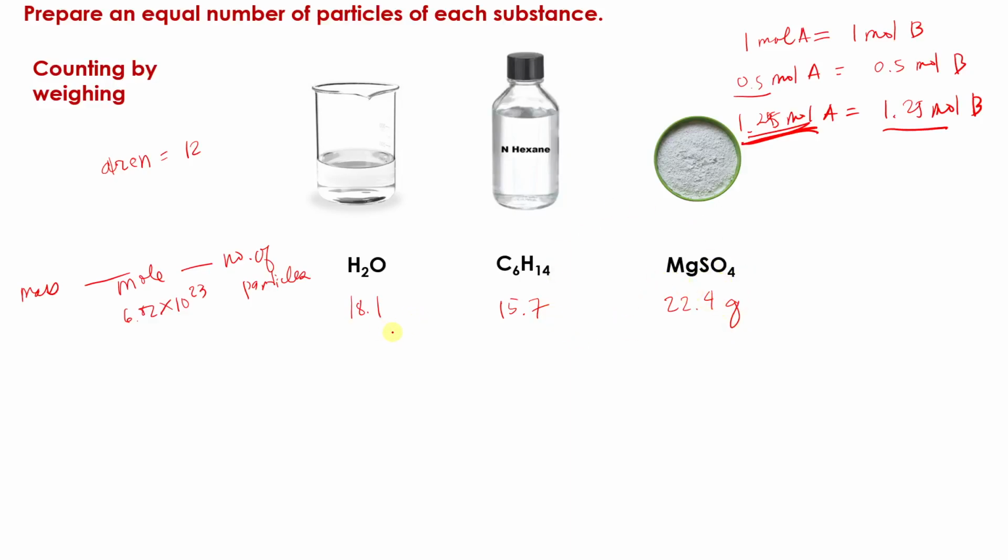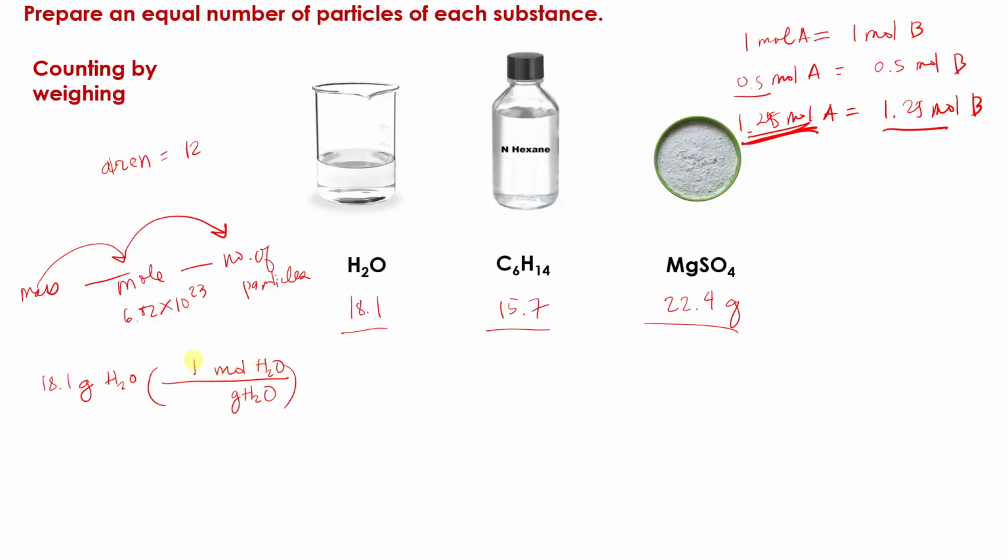Let's determine the number of particles of each. We can do that by first converting the mass to the number of moles, and then from the number of moles to the number of particles. Let's start with 18.1 grams of H2O. The first step is to convert this to the number of moles.